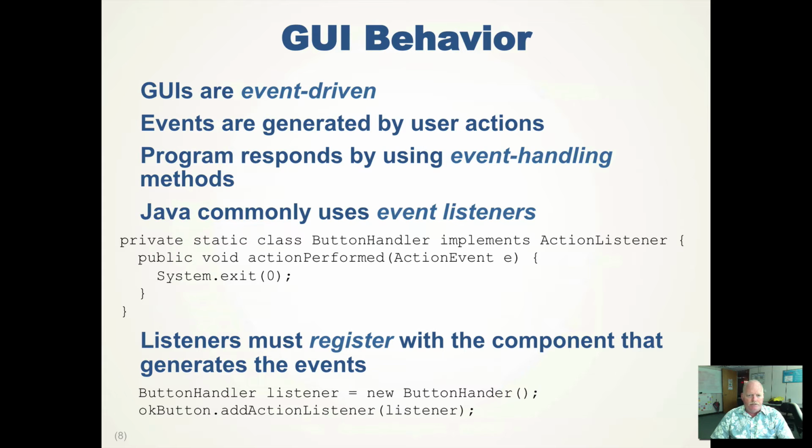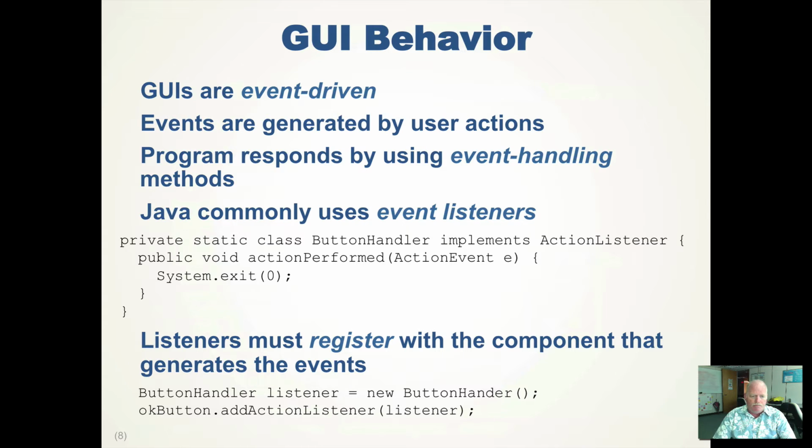Or we can use an event-driven mechanism: when the button is pressed, an event is generated, and then the program can respond to that event by using event handlers, which are commonly called listeners. So you're listening for these events, and when the event occurs, you execute a method that does something in response.